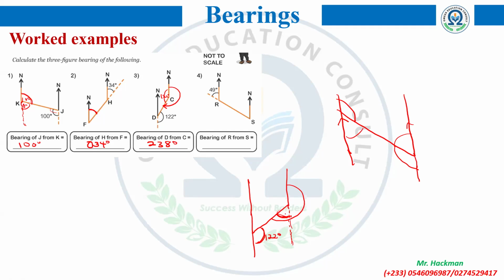You are going to get this plus this should give you 180. So this would be 180 minus 122, and that will give us 58.